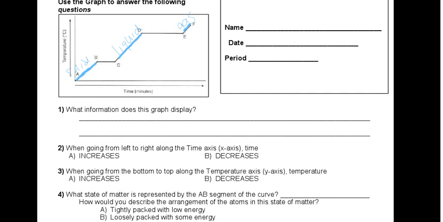Then we're going to go behind it and label the changes of matter. We can all agree that as we increase the temperature, our solid is going to change into a liquid, and then our liquid, as we increase the temperature, is going to change into a gas. So whenever we add heat, we're going this way, and this is called melting.